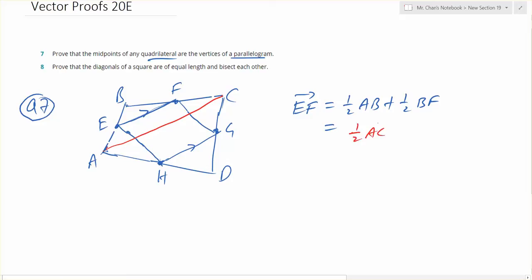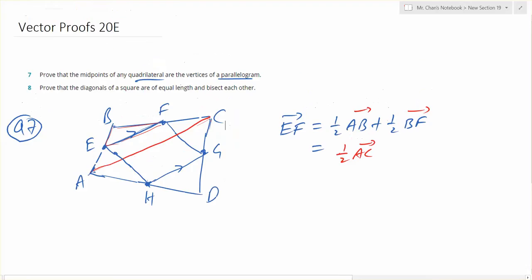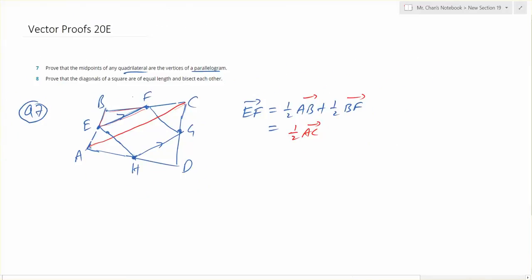It is half of AC because if we look at this closely, this triangle and the triangle that includes the diagonal in the middle are actually similar triangles. We can see that since this is a midpoint, if this is 1, this is also 1.